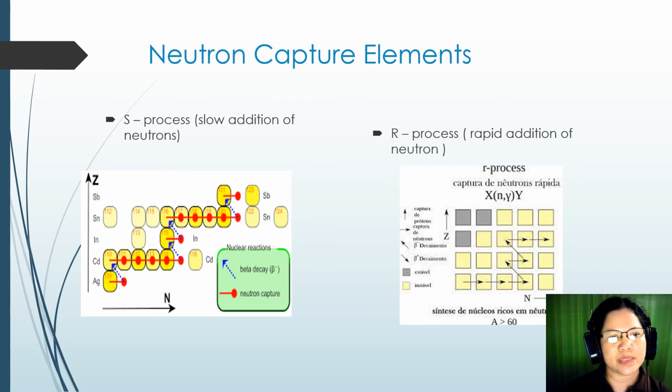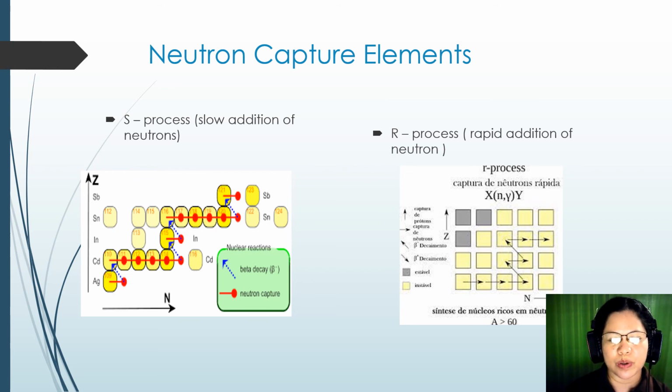So when I say S process, or the slow process, basically there is a slow addition of neutrons in the nuclei. The addition of neutrons produces heavier isotopes of particular elements, but they can emit electrons, called beta decay.